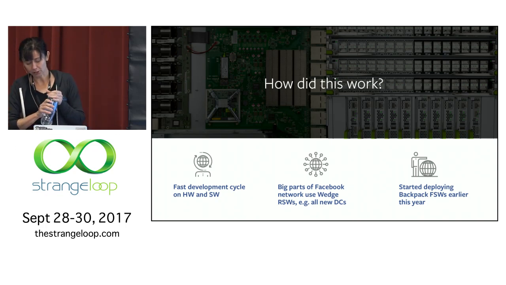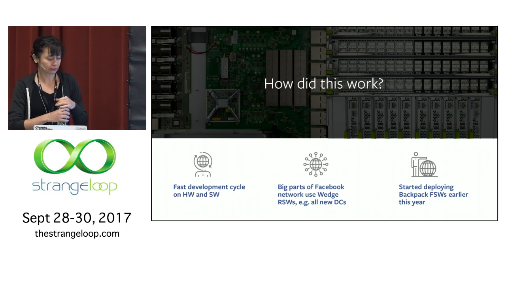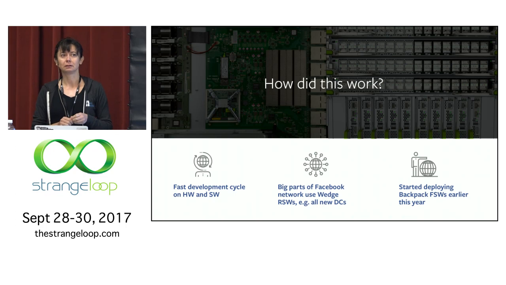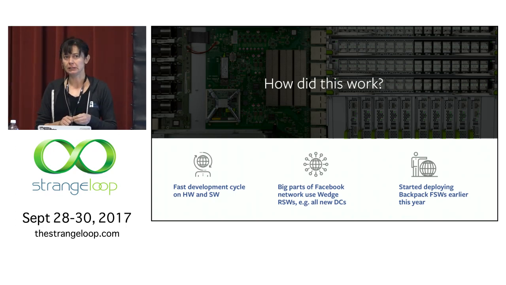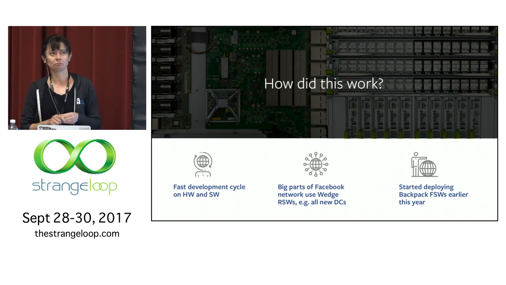We started this project around 4 years ago. It took around a year to develop the first switch with a small team of software and hardware engineers. We started deploying these switches in production around 2.5 years ago.